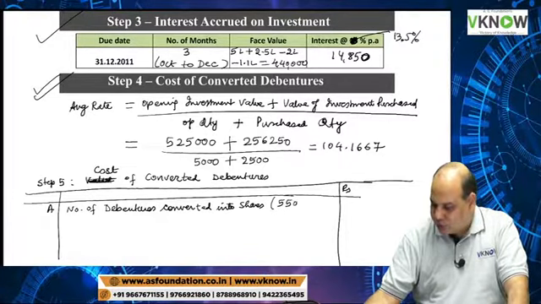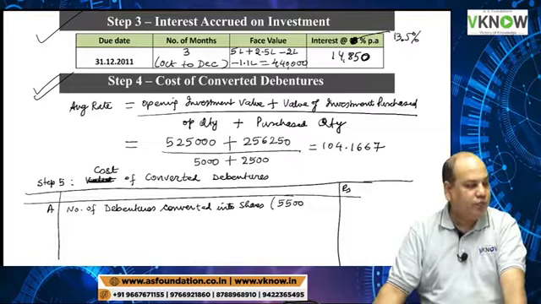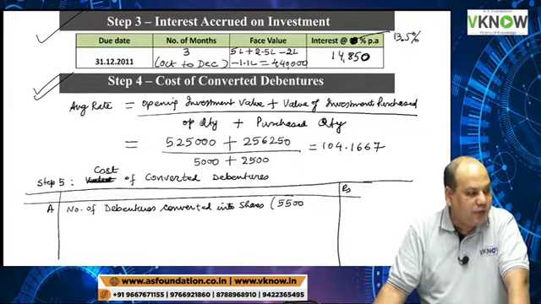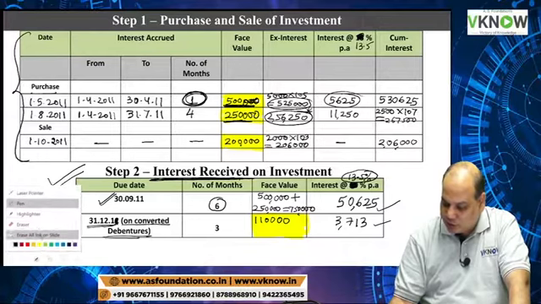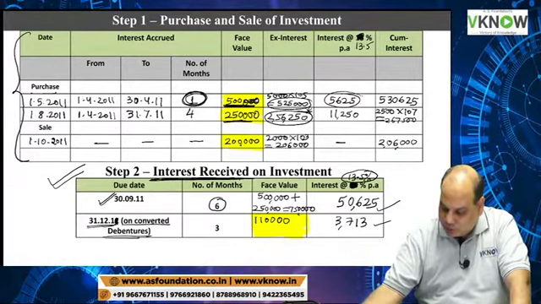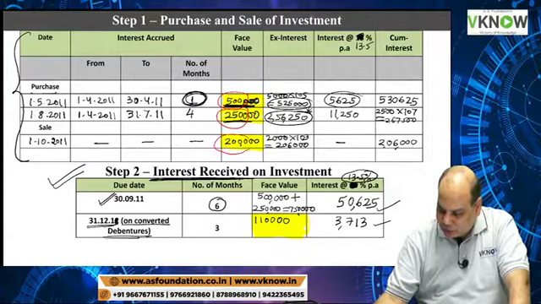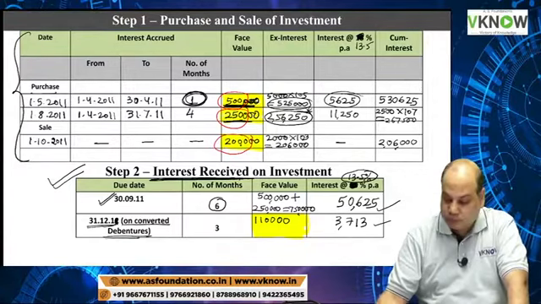Before the conversion, we were holding 5,50,000 rupees value, which means 5,500 debentures. How has this 5,500 come on the screen? Follow me, this red font. You have 5,000 purchased, 2,500 purchased, and 2,000 sold.